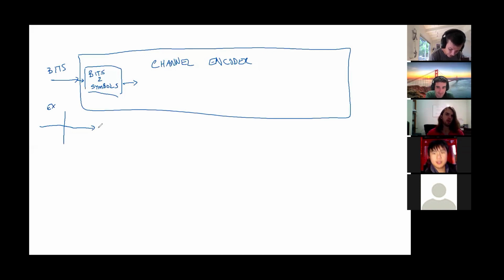if we look at the real axis and the imaginary axis, you can imagine 4 equally spaced points in the 4 quadrants. Clearly there are 4 points here, 4 symbols, which I'll eventually call them.